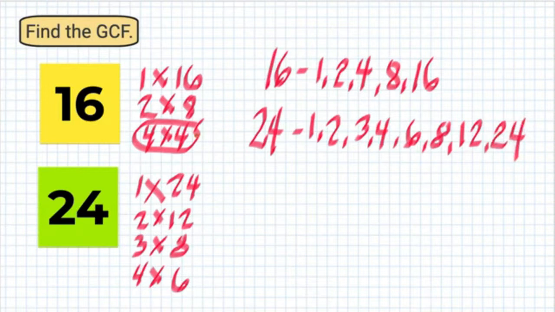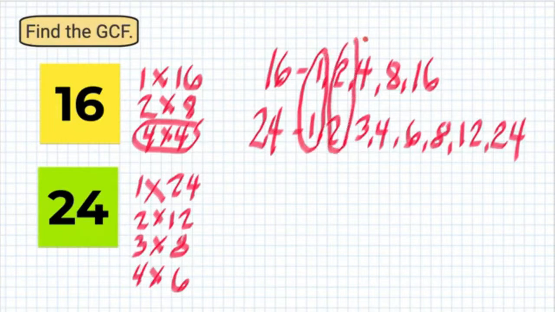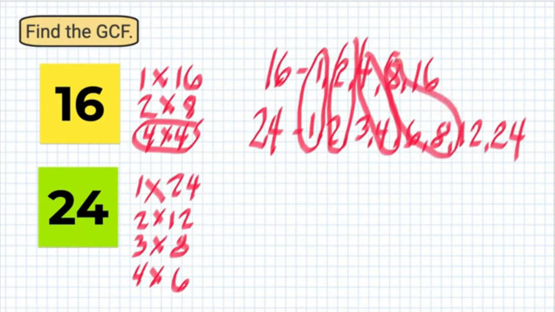Yes, now let's circle the common numbers. 1 is common, 2 is common, 4 is also common, 8 is also common, and there are no more. Only 1, 2, 4, and 8. So the common factors here are 1, 2, 4, and 8.